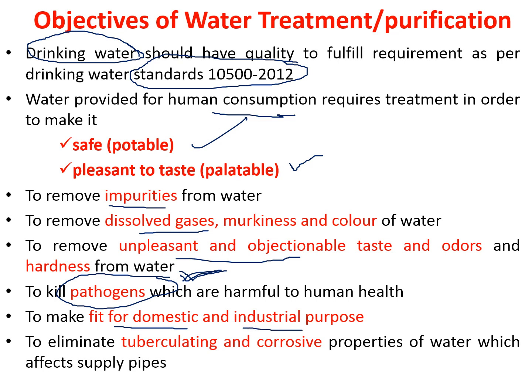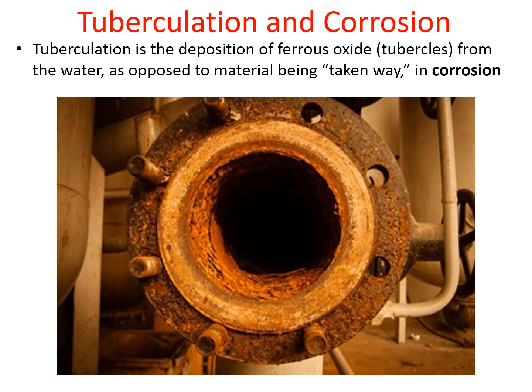The quality of the water treated in your treatment plant should be such that it eliminates the tuberculating and corrosive property of water, which affects our water supply. This figure shows the tuberculation and corrosion. Basically, tuberculation is the deposition of ferrous oxide, which is called the tubercle, from the water due to some bacterial action.